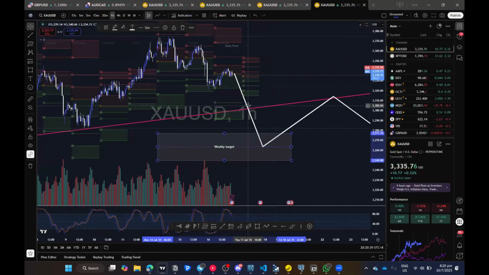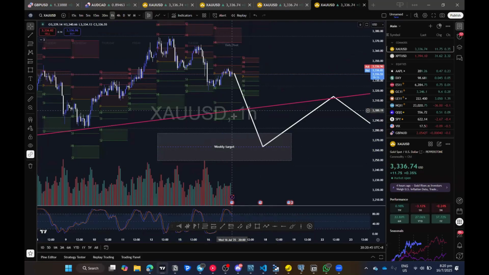It sits below the M1, S2, which sets things up if we do want to get into this area. This at minimum will be M1, S2 today to give us the M1, S2 into the weekly target tomorrow.